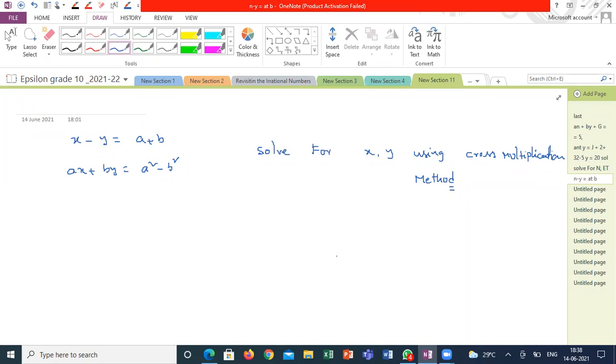C1 is minus of a plus b, C2 is minus of a square minus b square. Okay, sir. Oh, you forgot that instead of numbers, they give a comma b. That's it.